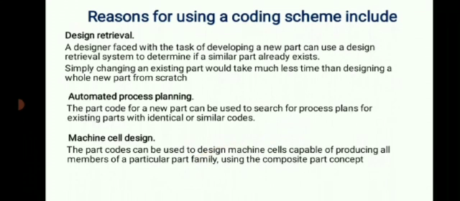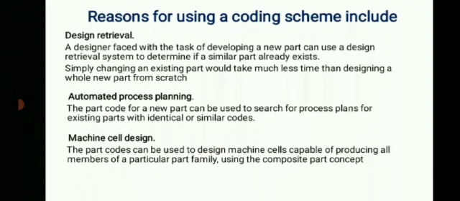A designer faced with the task of developing a new part can use a design retrieval system to determine if a similar part already exists. Simply changing an existing part would take much less time than designing a new part.